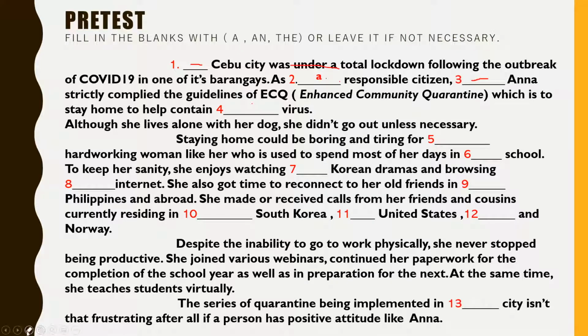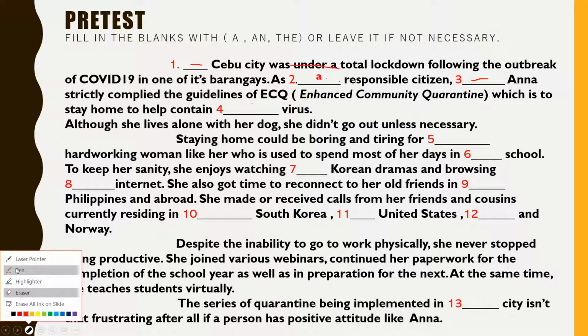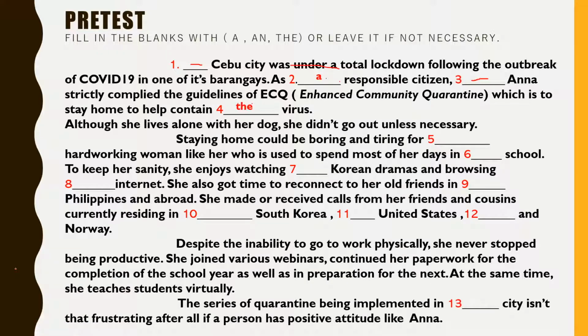To help stop the spread of COVID-19 or the virus. The answer is the, because we are particular about it. We know what virus we are talking about here. It is coronavirus.